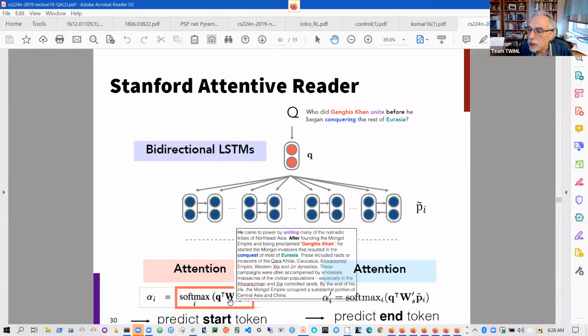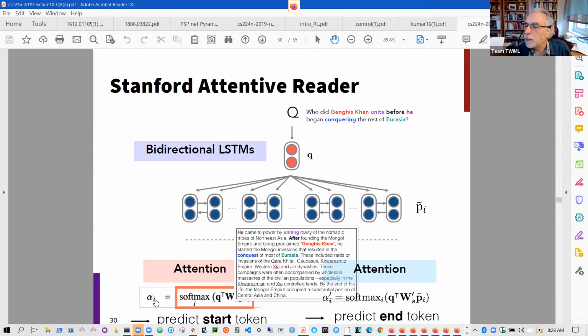That's done by these two weight matrices that you try to solve for in the model. So you're learning these two weight matrices, and then the output is that it predicts the start token. And then the output of this one, once you've learned W prime, predicts the end token.